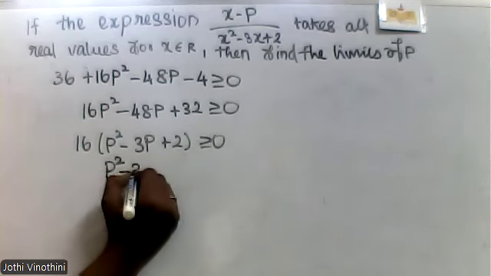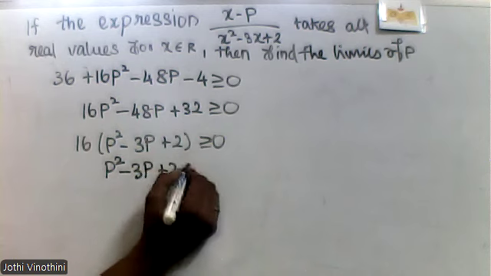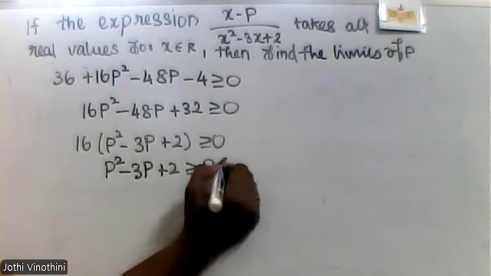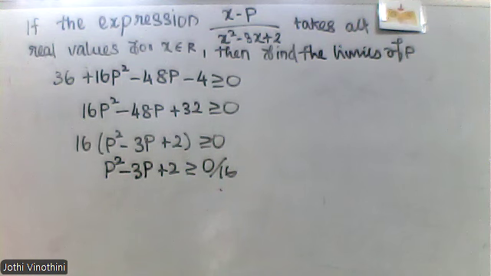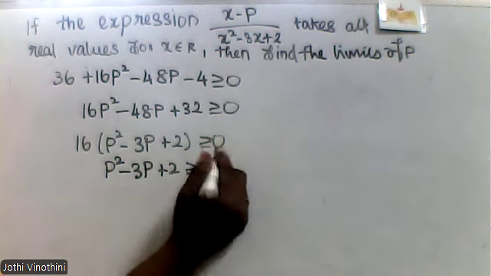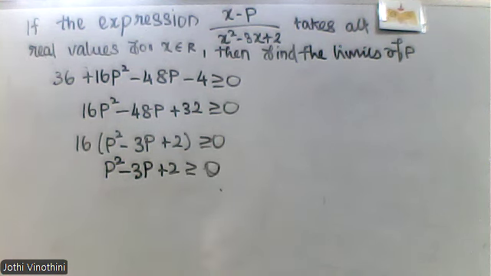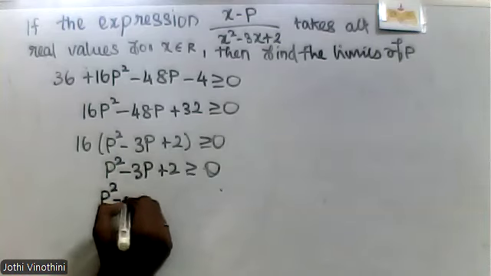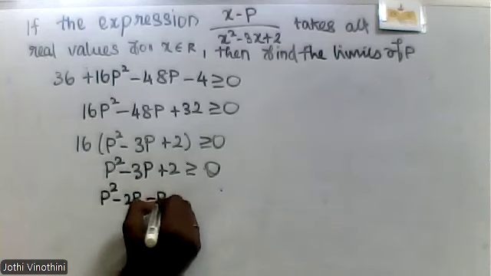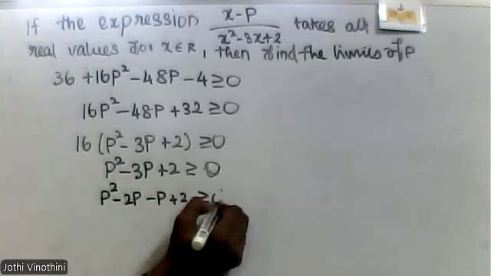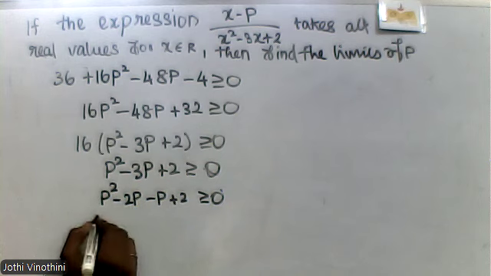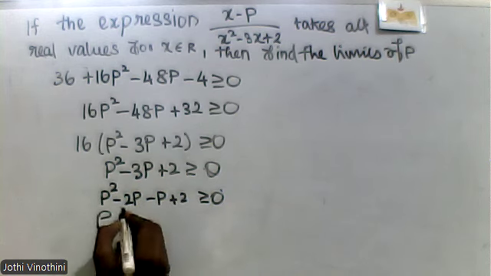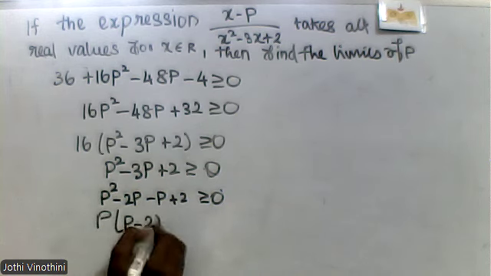So p squared minus 3p plus 2 must be greater than or equal to 0 divided by 16. 0 divided by anything is 0. To simplify this, I am going to rewrite p square minus 2p minus p plus 2 greater than or equal to 0. So I am going to take p as common, so it will become p multiplied by p minus 2.